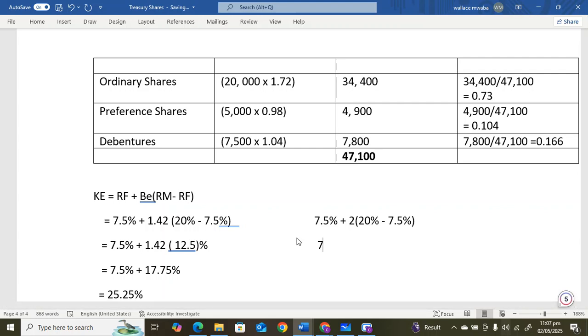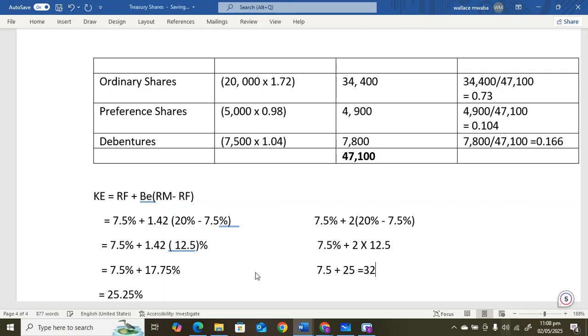So 7.5 plus 2 times 12.5. 2 times 12.5 gives us 25. 7.5 plus 25, 32.5%.